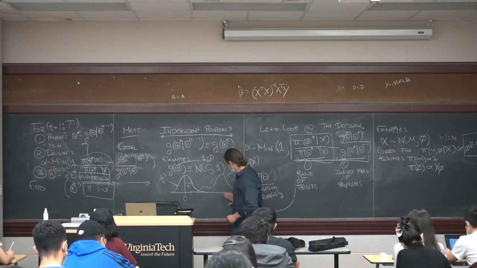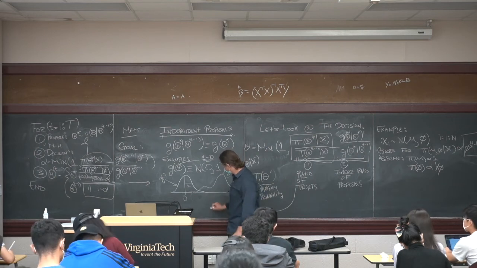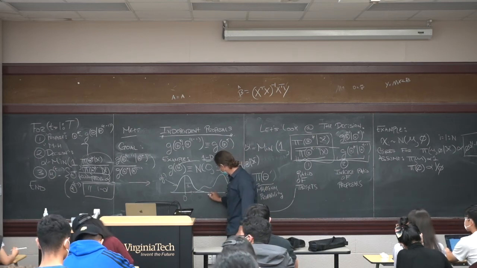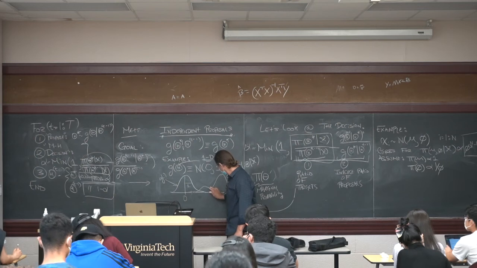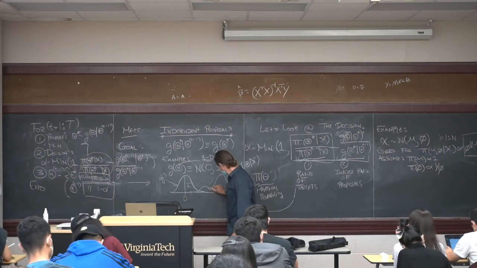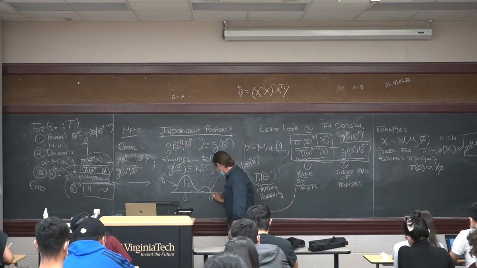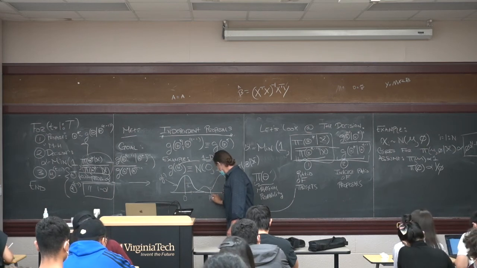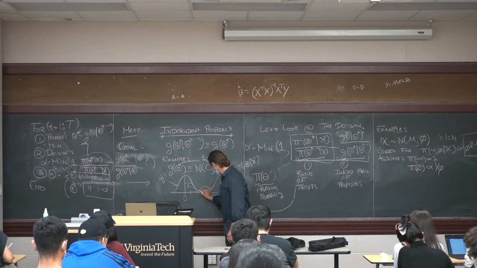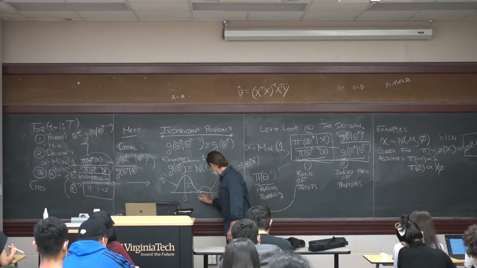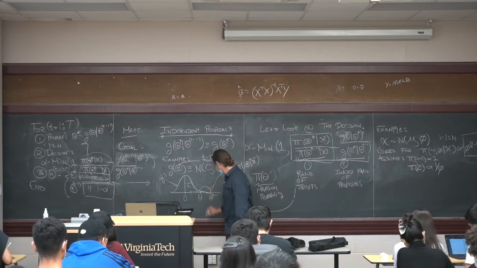Let's change the example a little bit. Let's say this right here was theta t minus 1. And let's say this right here is theta star.